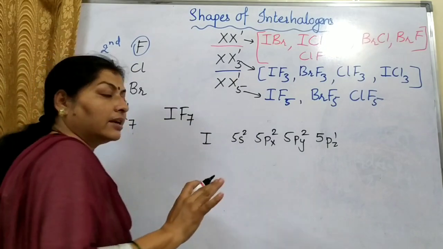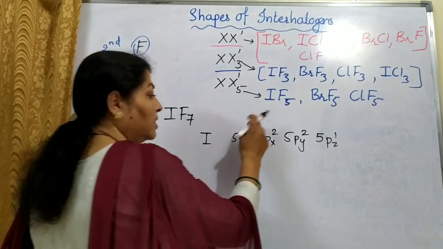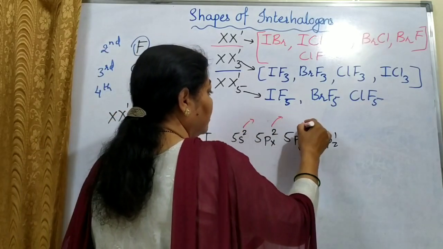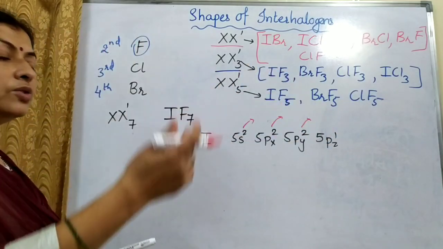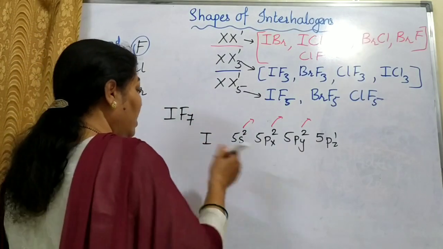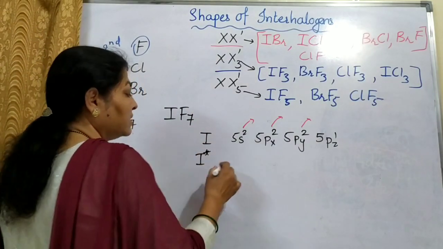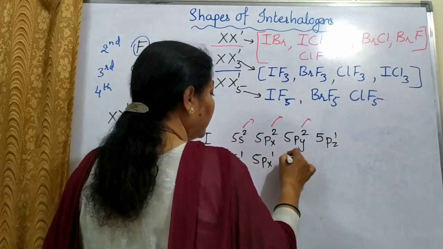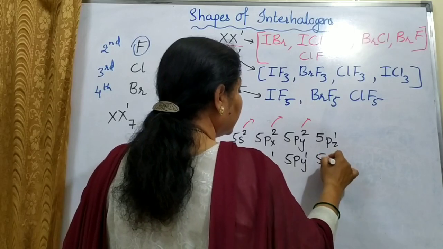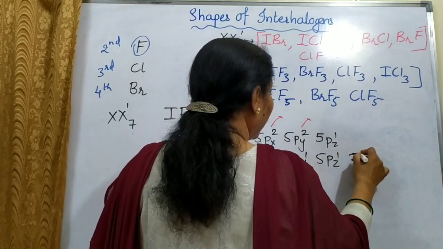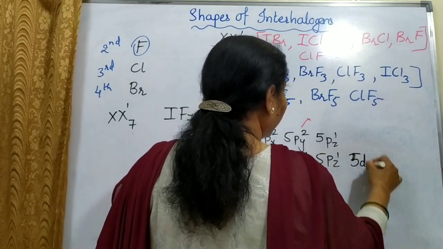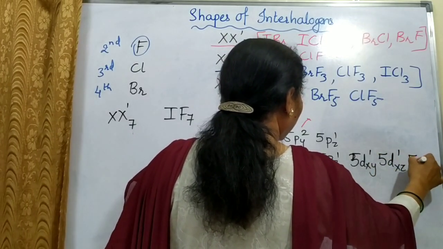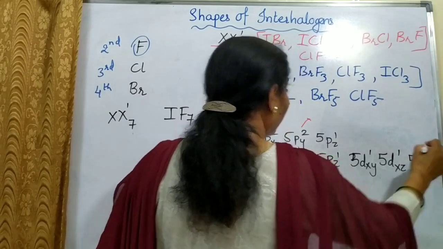Now as 7 unpaired electrons are needed, from here and from here, one electron will move into the empty d orbitals. So iodine in the excited state will have 5s1, 5px1, 5py1, 5pz1, 5dxy1, 5dxz1 and 5dyz1.